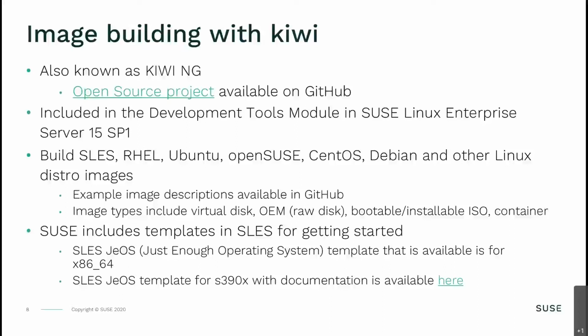Well, I said that's not cool, so I'm working with the IBM Global Alliance. I've been working on creating the JeOS templates for S390X and also for IBM Power-based systems. You can click on this link here, and you'll be able to get access to the JeOS template for S390X with documentation on how to use it, which I've expanded on more than what you get just out of the SLES media.